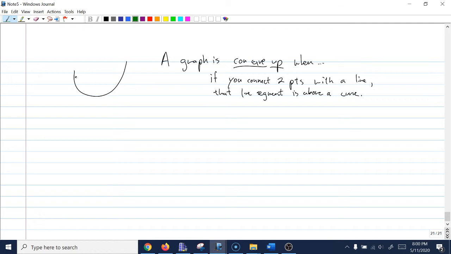If I think about grabbing any 2 dots of this curve and connecting them, you can still see the sky, right? If you're concave down, then the connecting points are all below the curve.